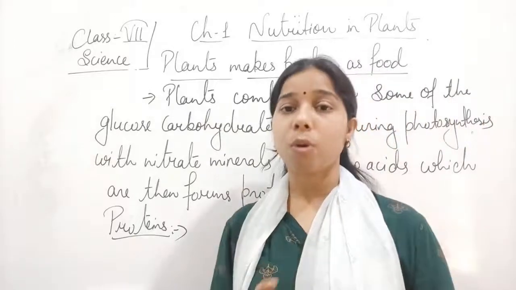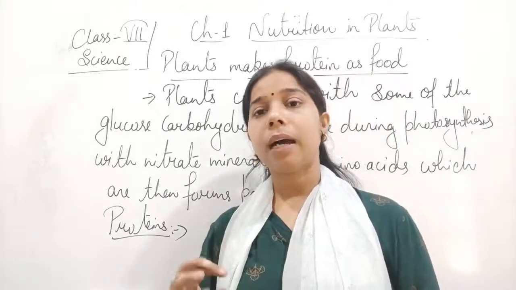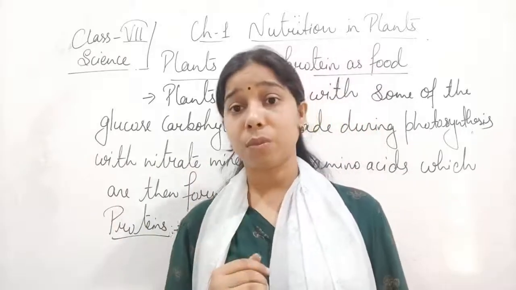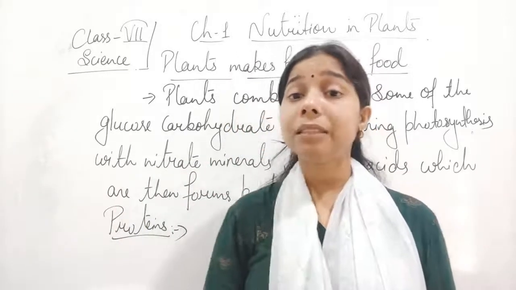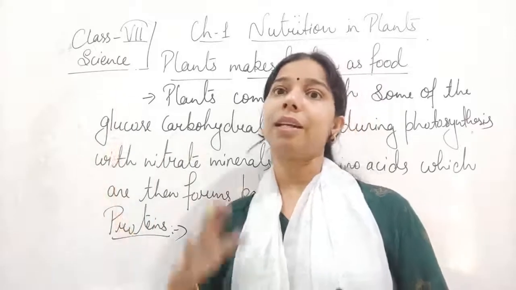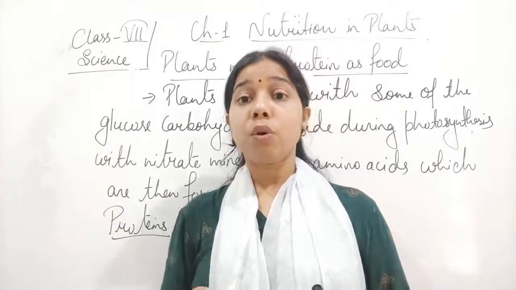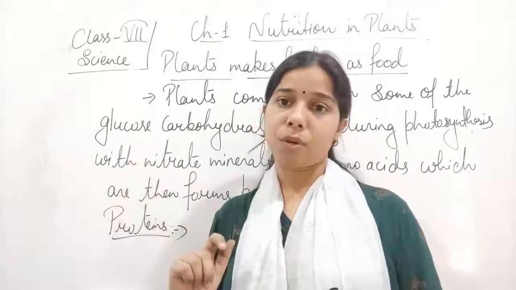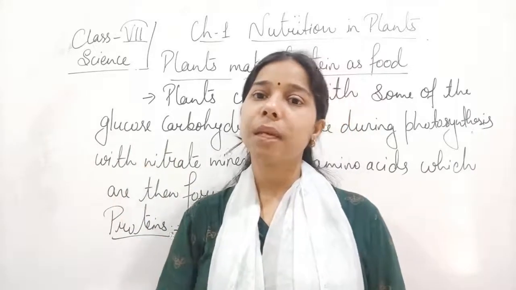See student, what I am talking about: there is a lot of nitrogen present in our atmosphere, but the plants are not able to take the nitrogen. If they are not able to take the nitrogen directly from the atmosphere, how will they make the protein?